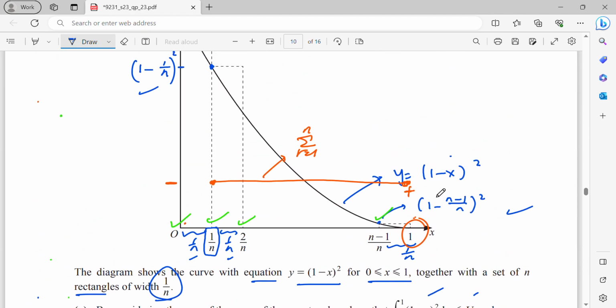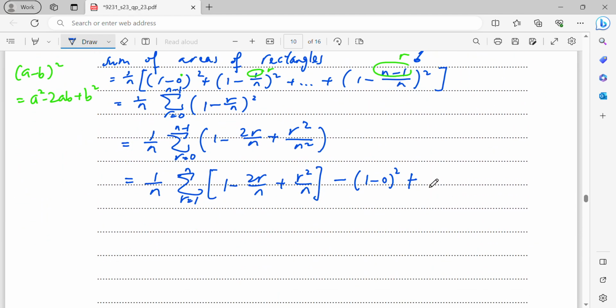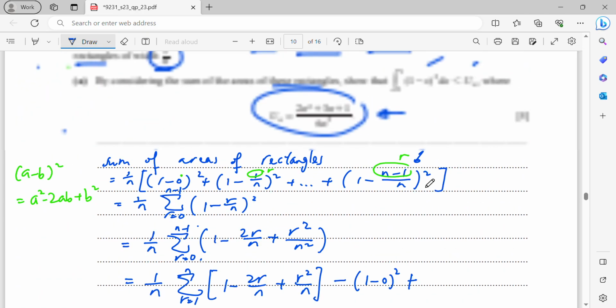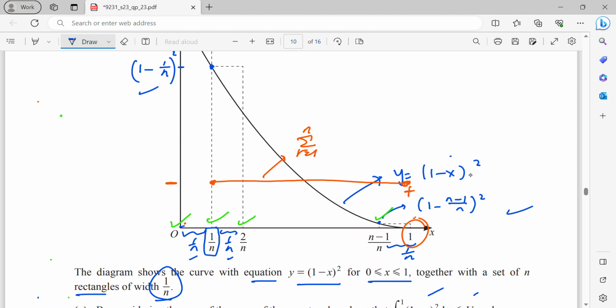Wait, sorry, I explained wrongly just now. This is r from 0 to n minus 1, which is the green color. Green color equals the orange color, plus the first value, which is when r is 0, and then I minus the last value, because our green color is just from the first value, which is 0, until the last value, which is n minus 1 over n.